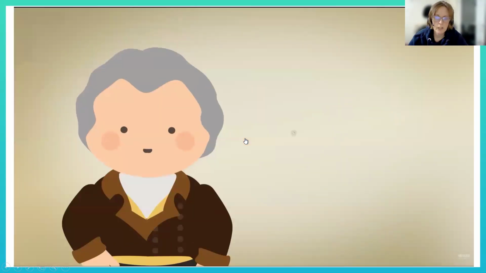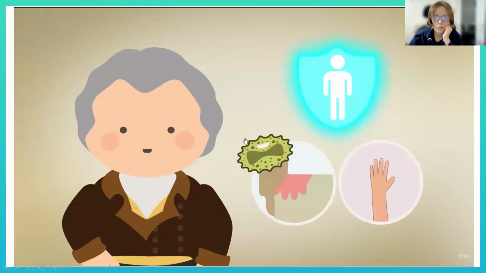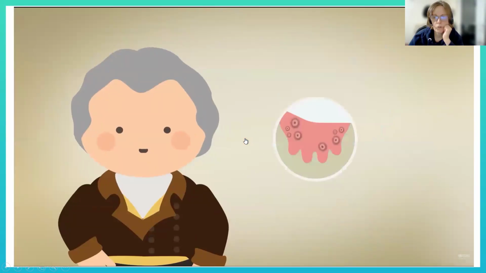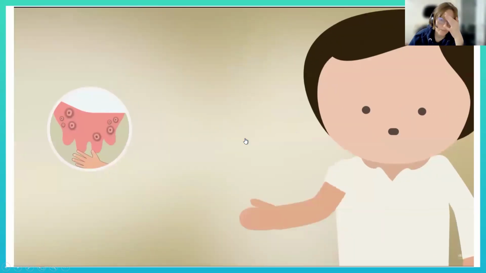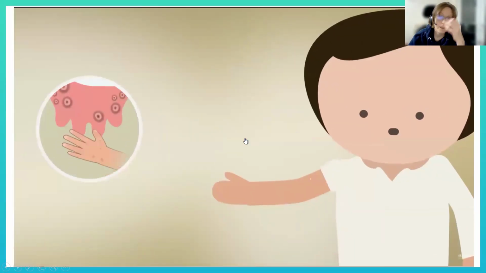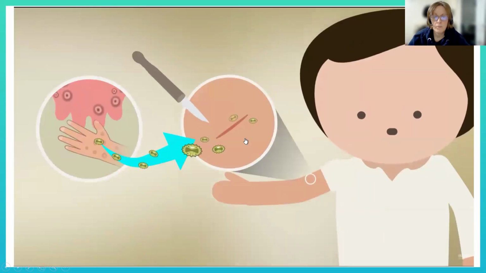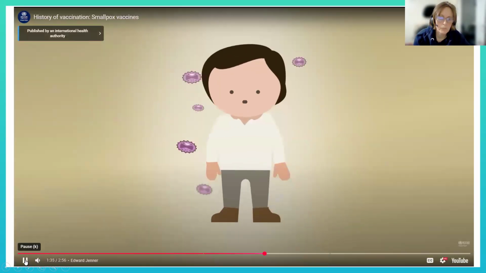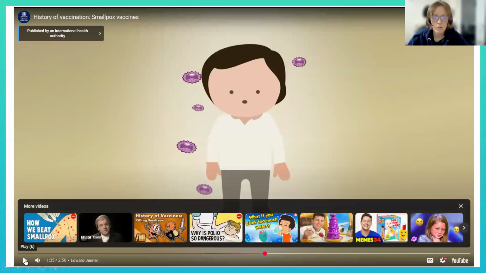So then this guy, Jenner, wanted to prove this. So he was going to do some actual experiments. What he did was he took a cowpox blister from an infected person, cut the arm of a young boy who I think was his gardener, if I remember rightly, just some poor kid in the village, and infected him with cowpox.